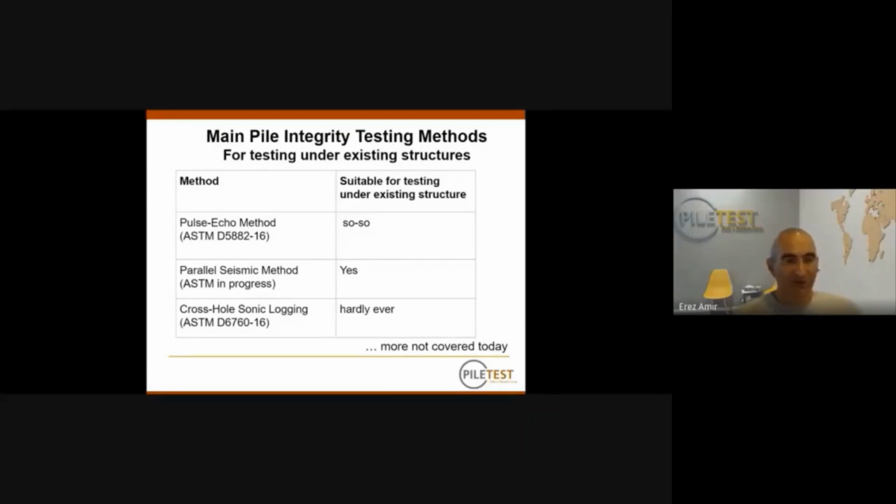The third method we're going to discuss is the cross-hole ultrasonic monitoring or logging, also called CSL. This method will hardly ever be suitable for testing under existing structures, but I still want to mention it because there might be some cases where it could be applicable. So it's good to have it somewhere in the back of your mind that it's possible.